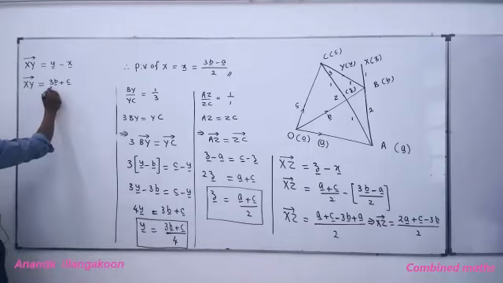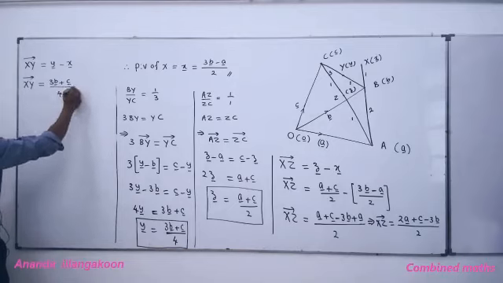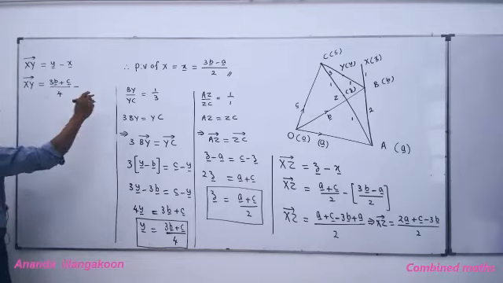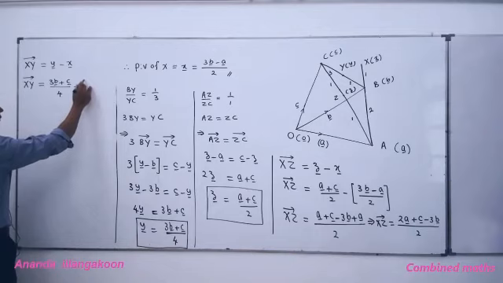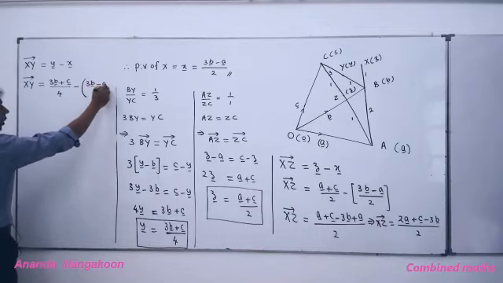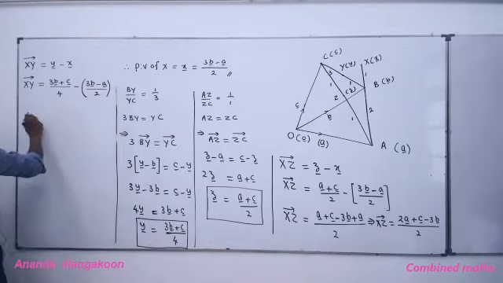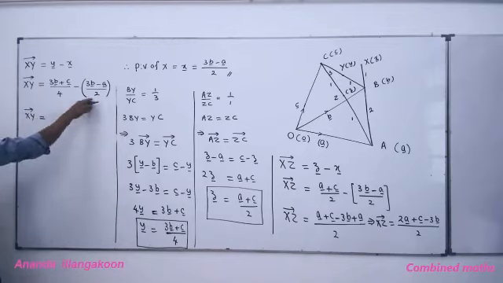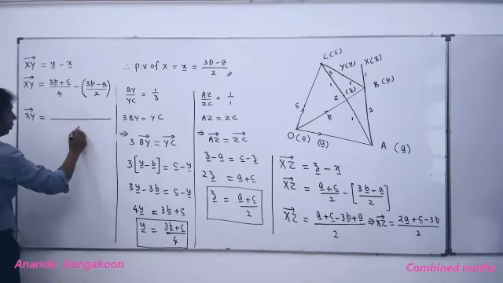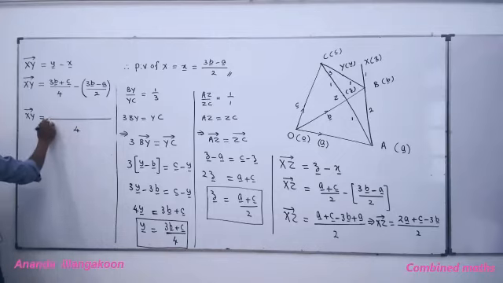divided by 4, minus the x vector, that is 3b minus a vector divided by 2. So once you simplify here, take the common denominator as 4. This is 3b plus c.